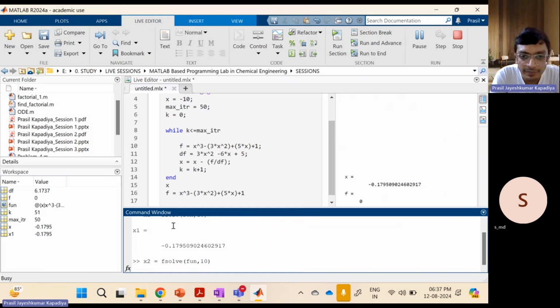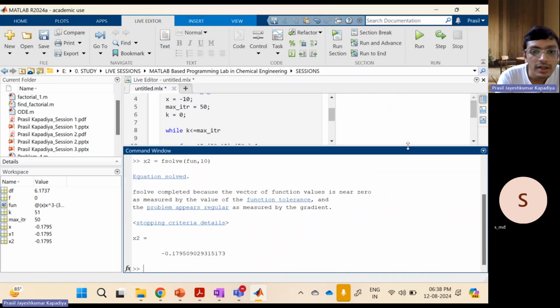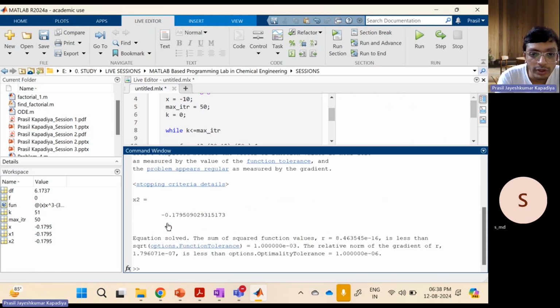it's taking some time. See, it is also giving minus 0.1795. But with fsolve there are some additional details. What is the stopping criteria? See, the value is 1.79607 times 10 raised to minus 7, which is sufficiently small to assume as zero.